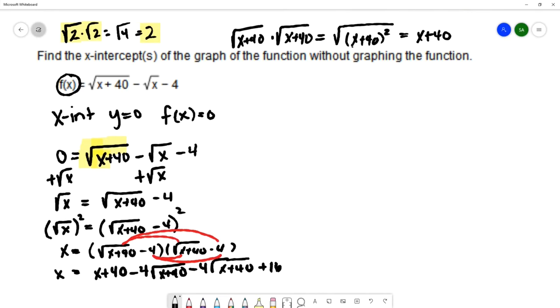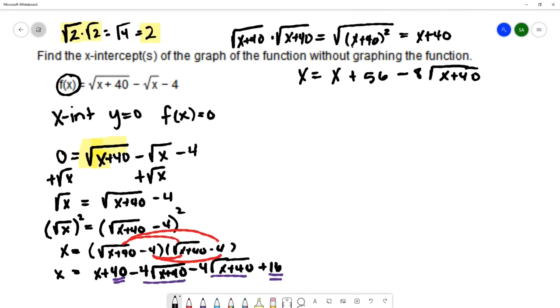And I still have x on the other side. I'm going to do a little bit of simplifying on the right-hand side. I can combine these radicals together, and I can also combine these constants together. So that would give me the equation x equals x plus 56, 40 plus 16 is 56, minus 8 square root of x plus 40.